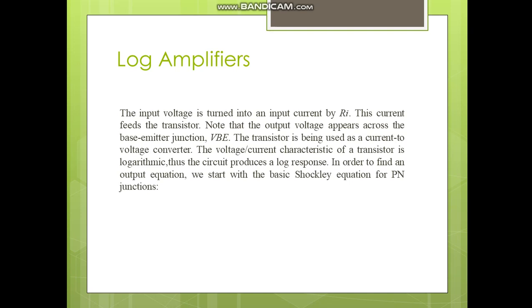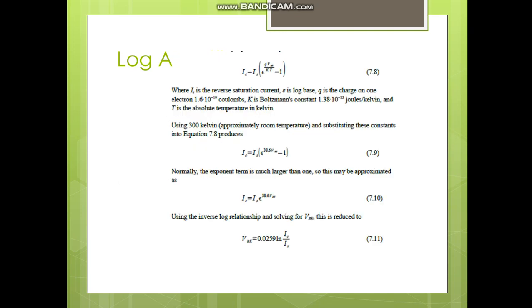In order to find the output equation, we start with the basic Shockley equation for a PN junction. So this is the Shockley equation which gives us a value of inverse saturation current. Further, this can be evaluated as the equation of IC, that is the value of current which is obtained in the output, which is the exponent term.